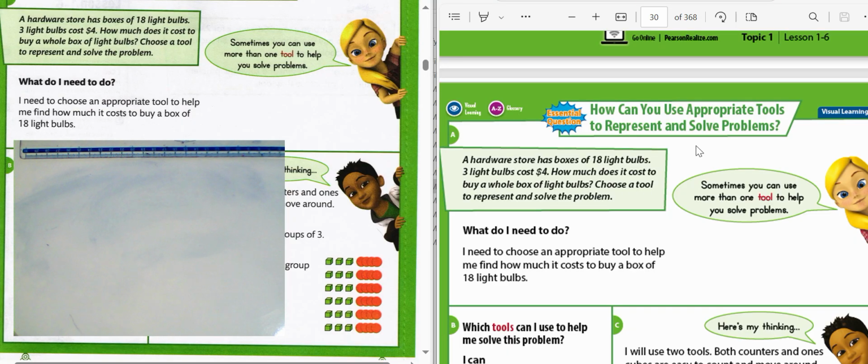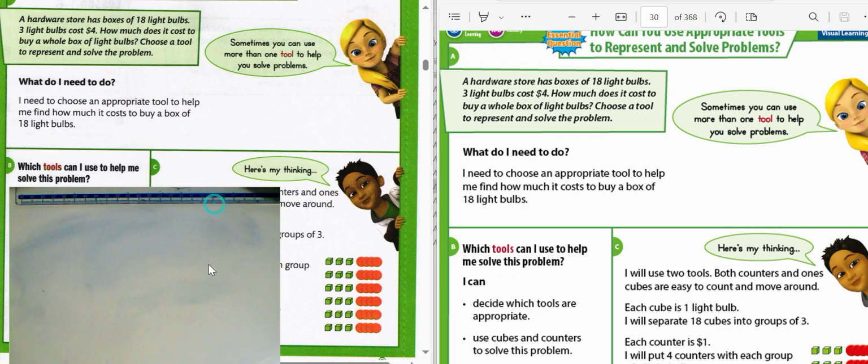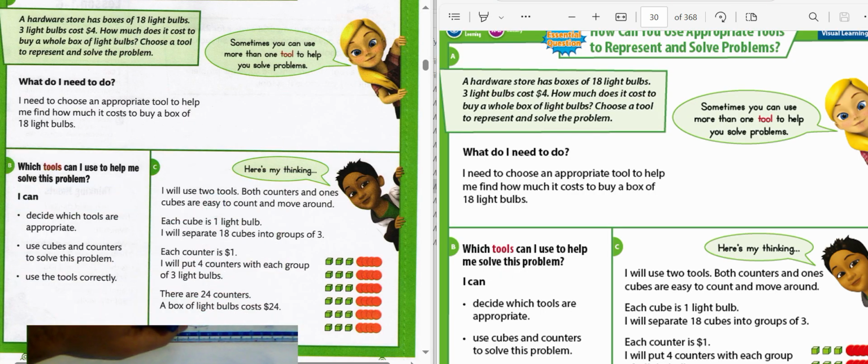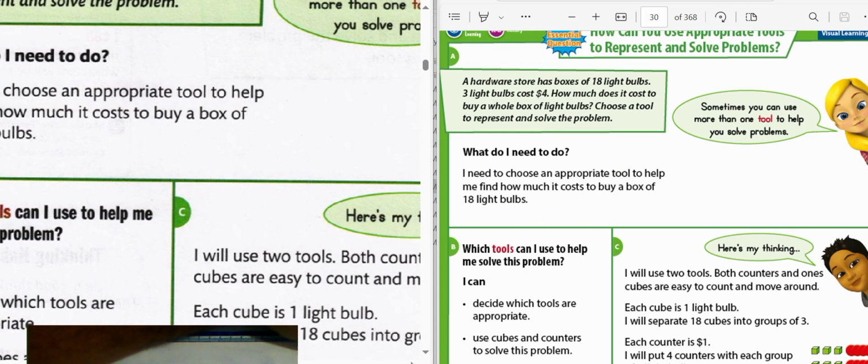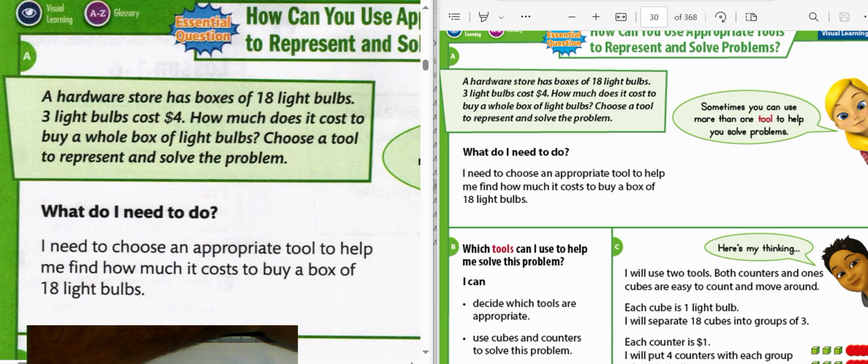How can you use mathematical tools to represent and solve problems? Look at here. A hardware store has boxes of 18 light bulbs. 3 light bulbs cost $4. How much does it cost to buy a whole box of light bulbs?